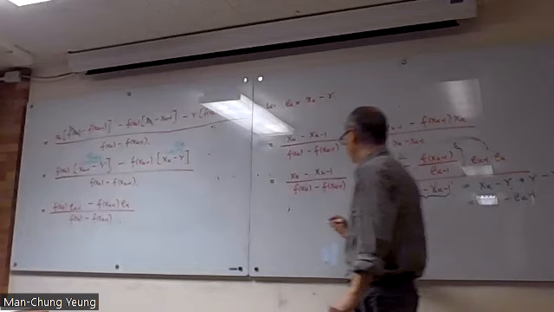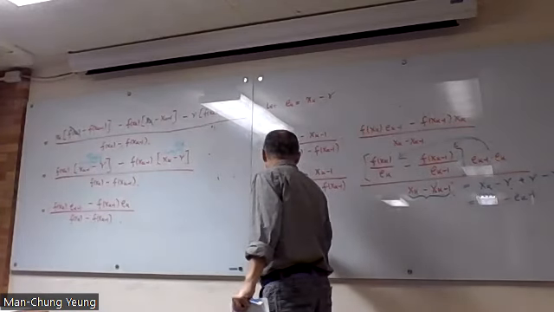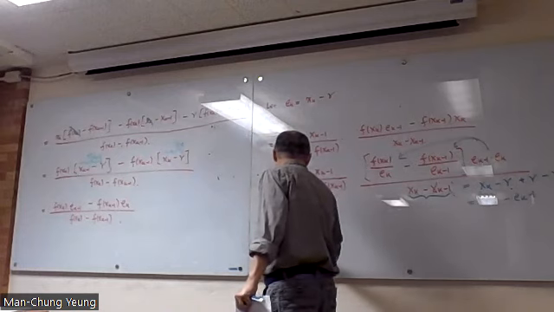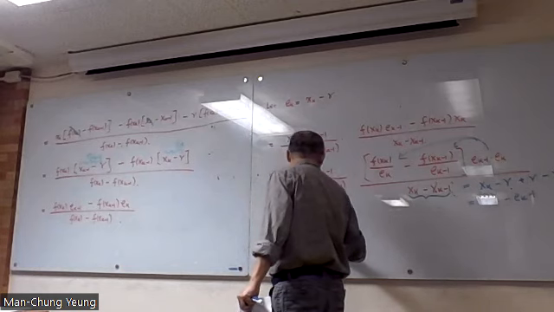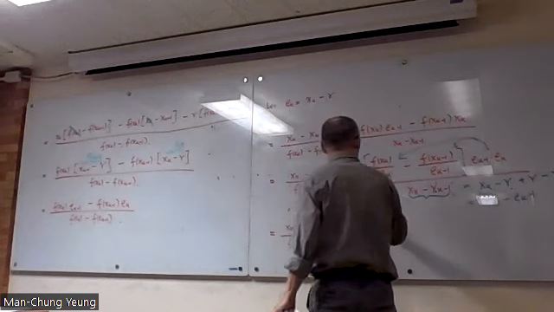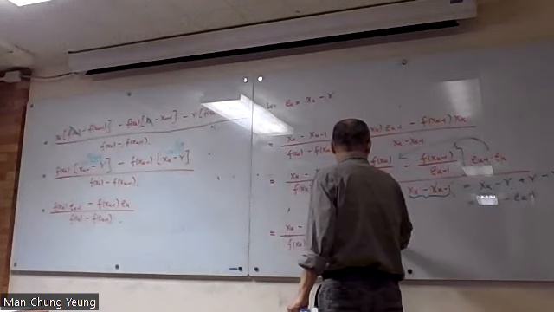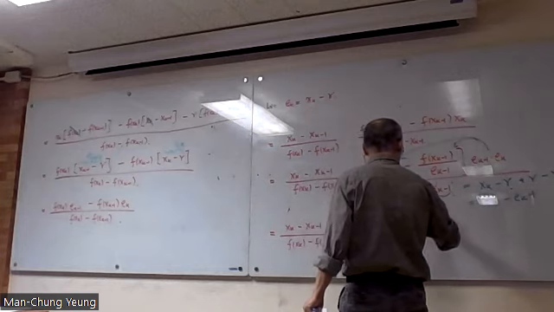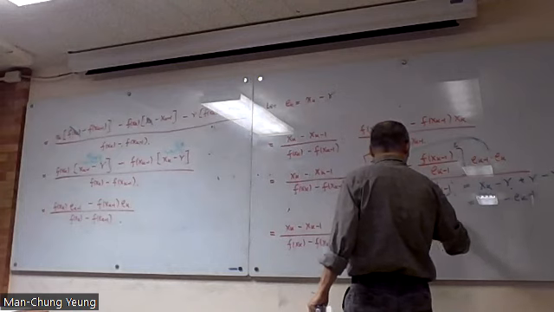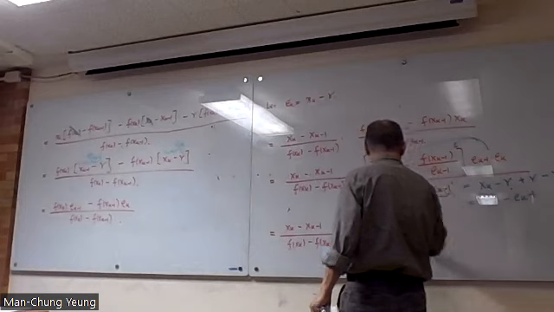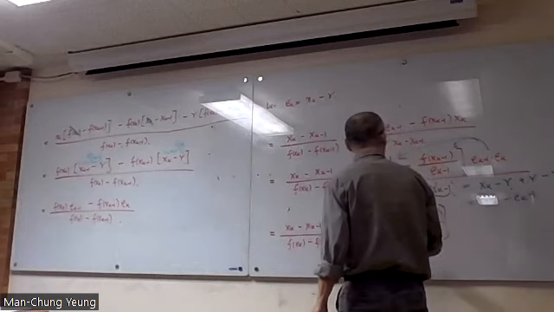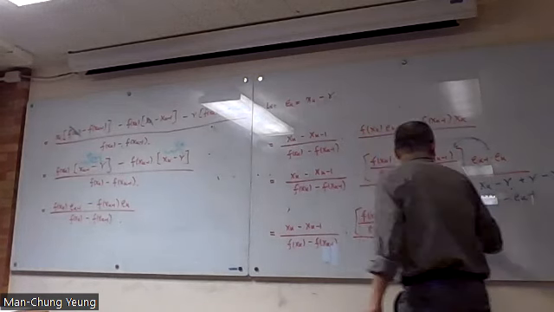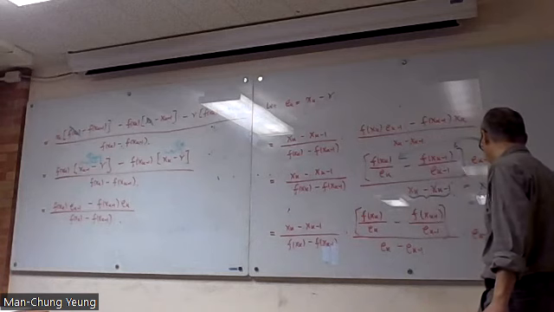So let me further write it: this is xk minus xk minus 1 over f xk minus f xk minus 1, times f xk over ek minus f xk minus 1 over ek minus 1, over ek minus ek minus 1, then times ek minus 1 ek.